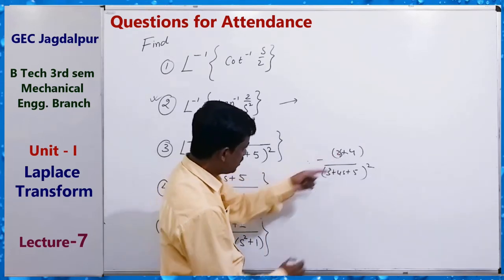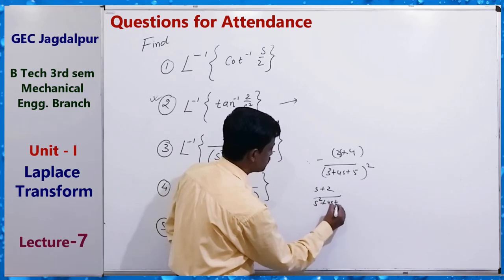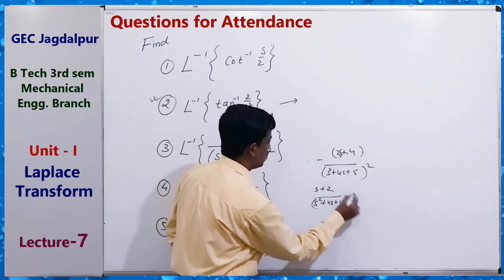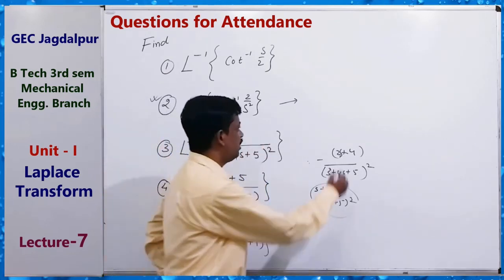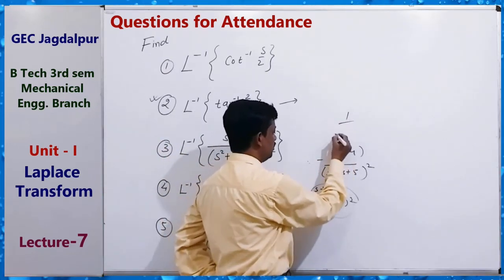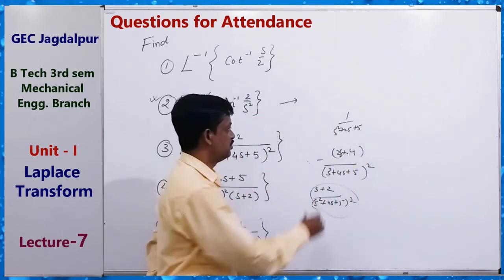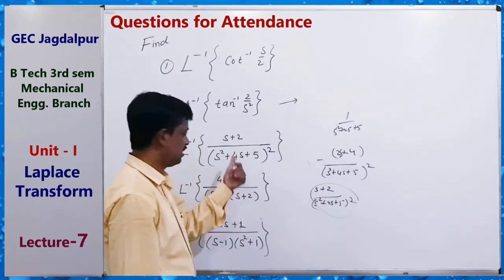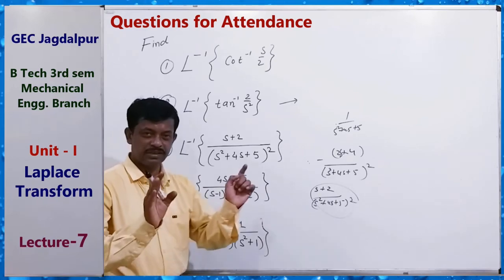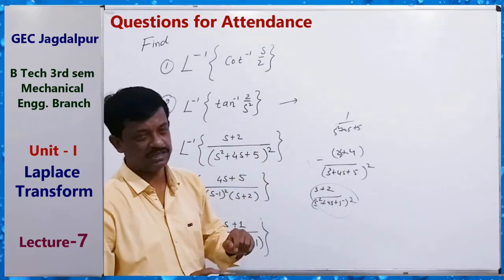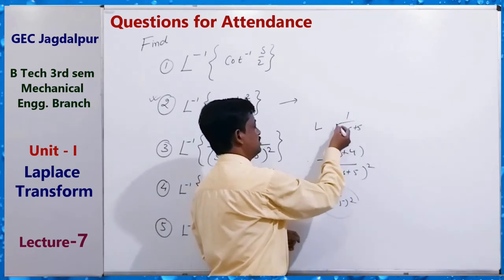So here we see that if 2 is taken common, then we get s plus 2 by s square plus 4s plus 5 whole square. So by differentiating 1 upon s square plus 4s plus 5, only this, the derivative of this is this. That means using the inverse Laplace transform of the derivative of F(s). This is F(s).